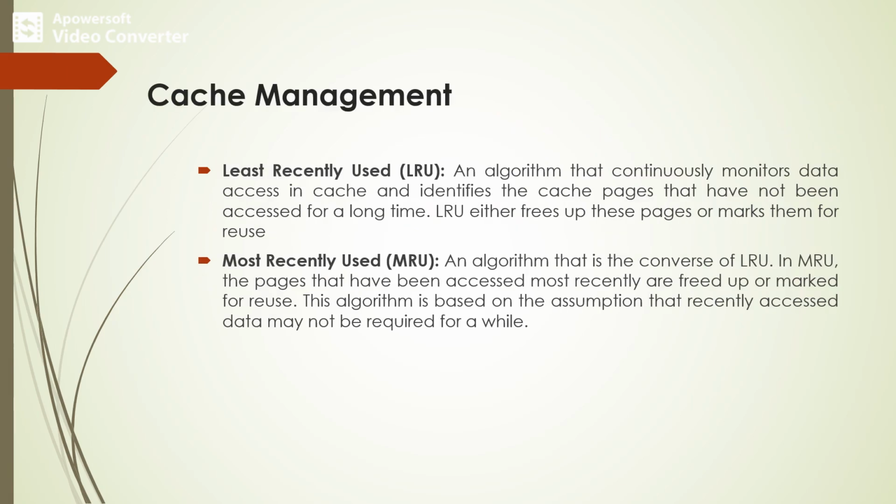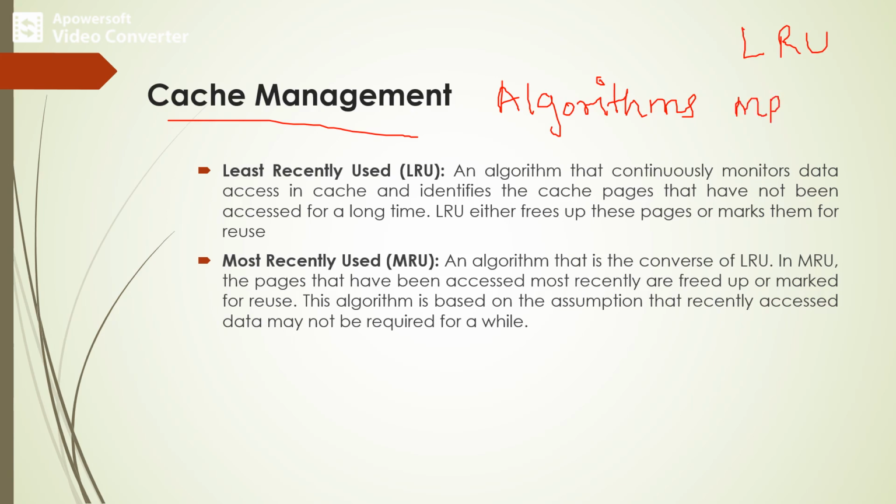So next we'll take cache management. So in the case of cache management, we can consider two different algorithms like LRU, that is called the least recently used algorithm, and the second one is MRU algorithm, that is most recently used algorithm.